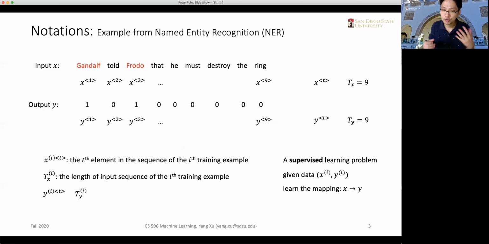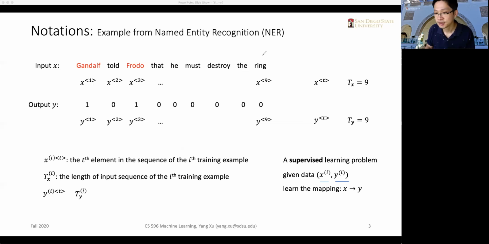And we can use a supervised learning algorithm, basically gradient descent, to learn the mapping between X and Y. We need to keep in mind that X(i) and Y(i) here are actually vectors.